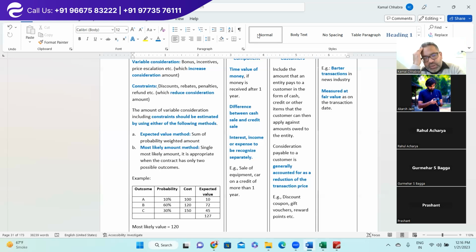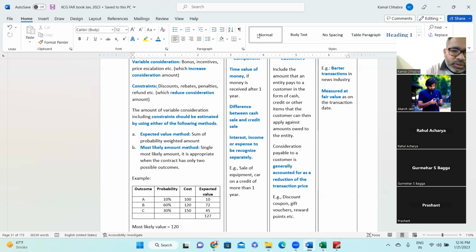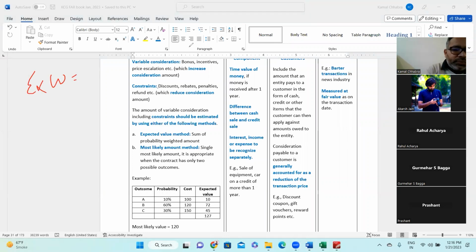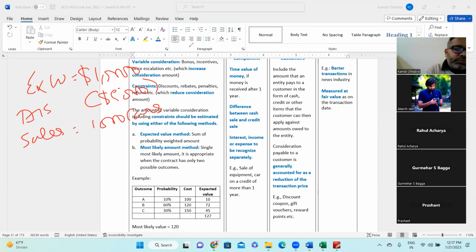Suppose the extended warranty price is $10,000, the discount is $5,000, sales are 1000 cars, and the warranty estimated purchase is 600 cars.